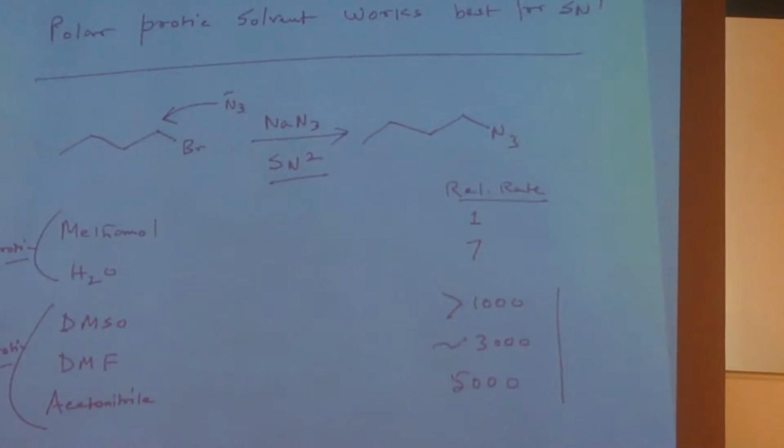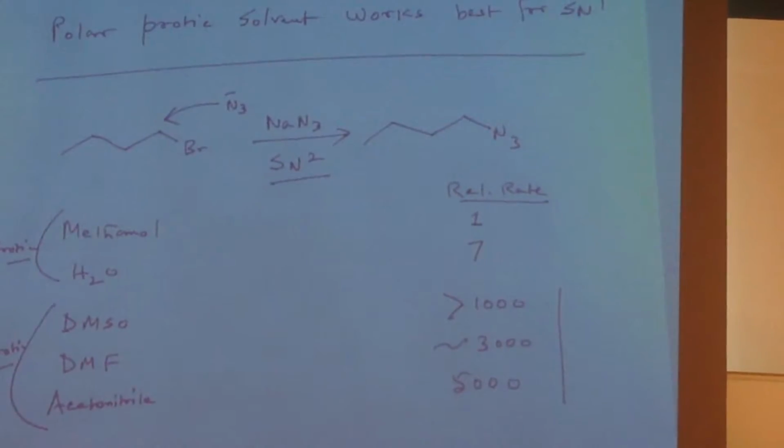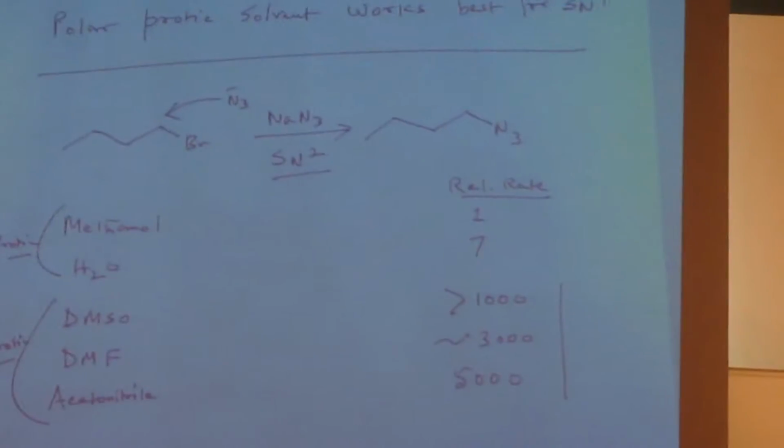Now, also in SN1, we see a similar effect if we do a solvolysis reaction, where you generate a carbocation and then move to the product. Let's look at the reaction of t-butyl chloride with different solvents, essentially, because they would form the carbocation first.